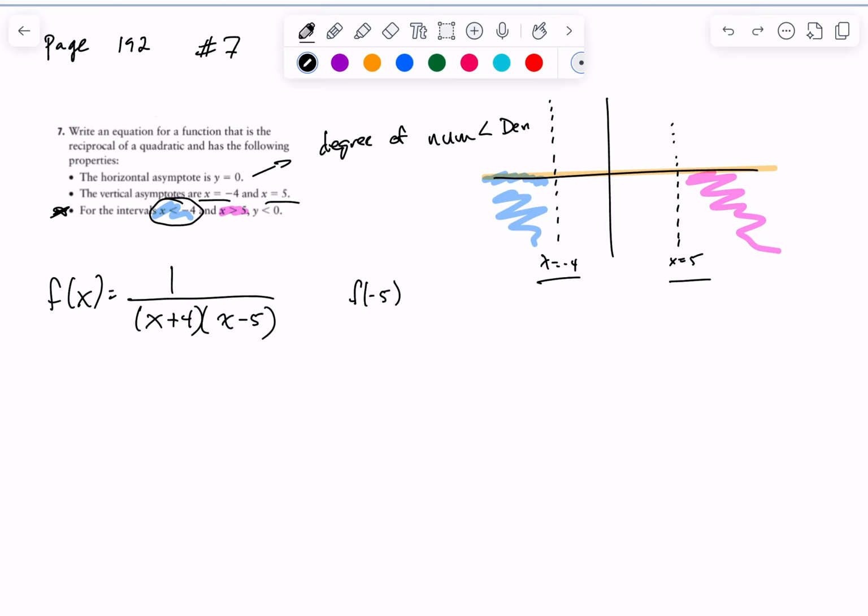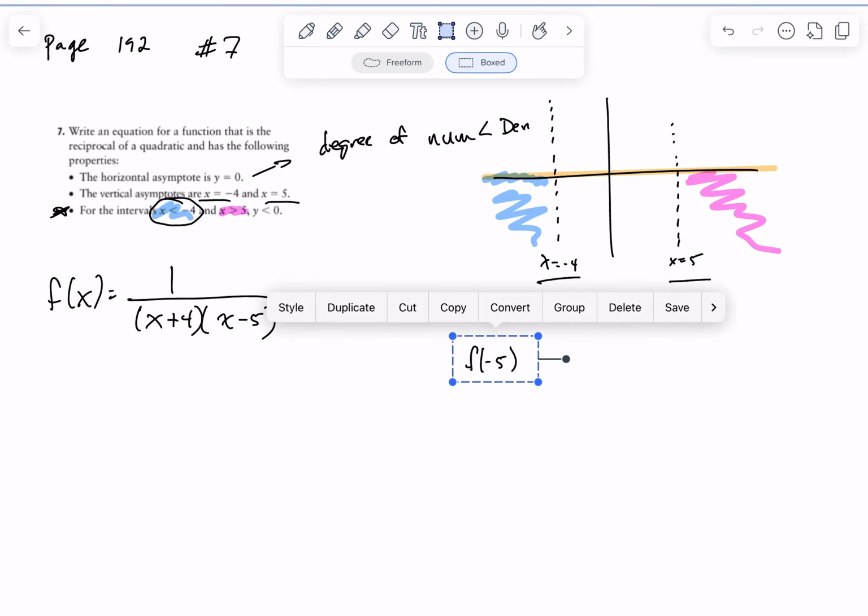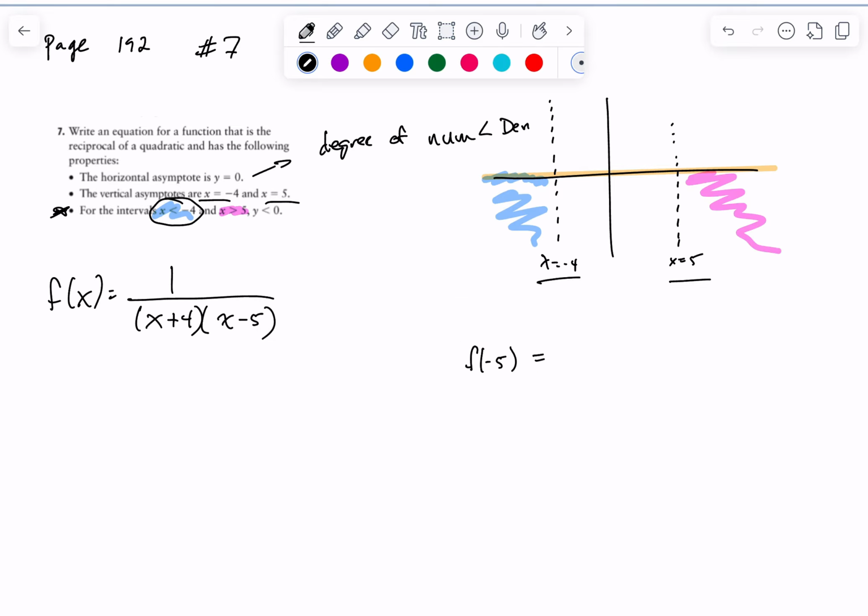So I'm just gonna evaluate this function at -5 and see what happens, okay? So if I evaluate the function at -5, I'm gonna get 1 over -5 plus 4, and -5 minus 5. So that's going to end up coming out to be 1 over -1 times -10. So that's positive 1/10.